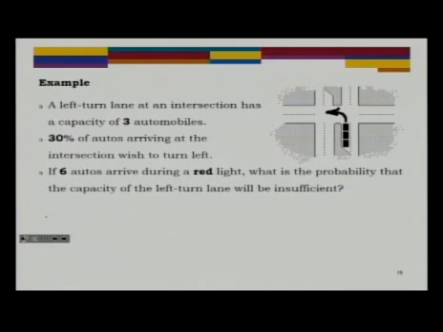So the total number of vehicles arriving during the red light is 6, so n is 6. Then what about the probability? p is 30%, it says, right? So n equals 6 and p equals 0.3.